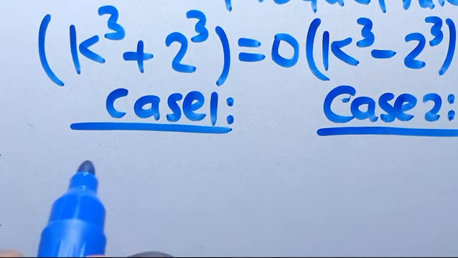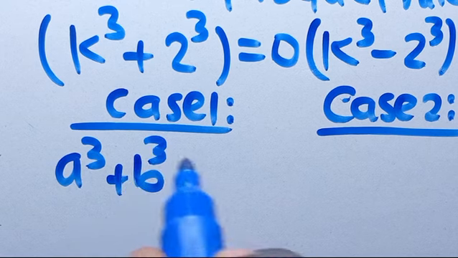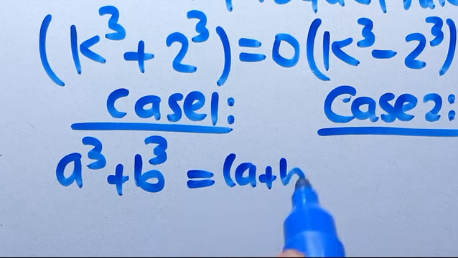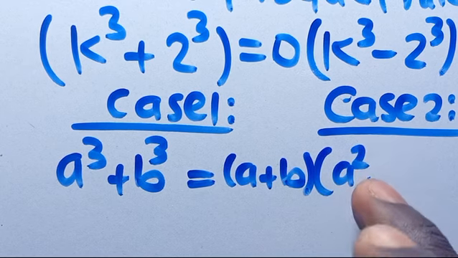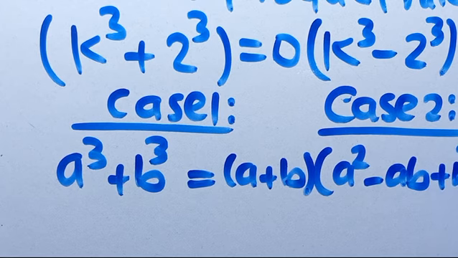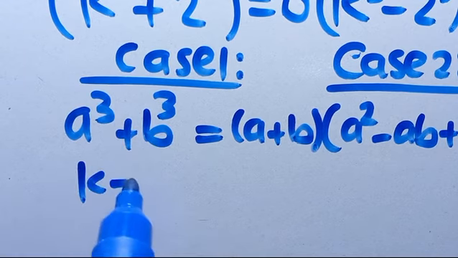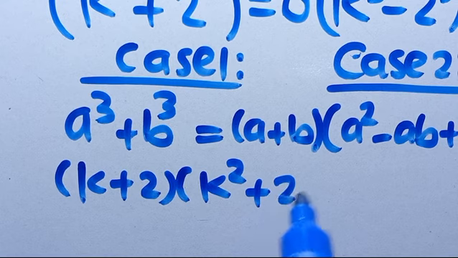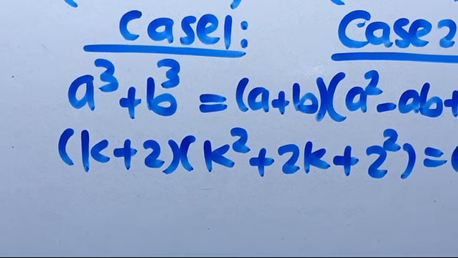Now, from here we have a to the power of 3 plus b to the power of 3. From the algebraic expression, we call this the sum of two cubes, and this equals a plus b, all in parentheses, times a square minus ab plus b square. So from here we are going to have k plus 2 times k square minus 2k plus 2 square, all equals 0.